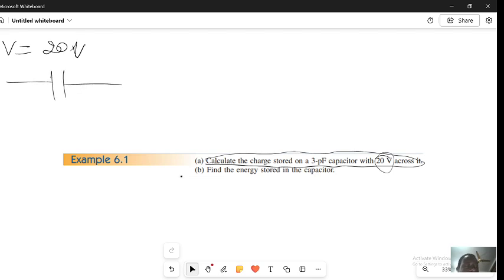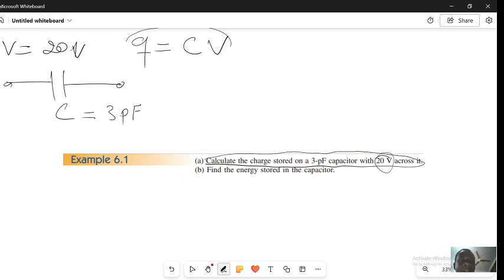I have the capacitor C equal to 3 picofarad, and I want to find the charge. I know from the formula that Q equals CV. The charge stored in this capacitor is the capacitance multiplied by the voltage.